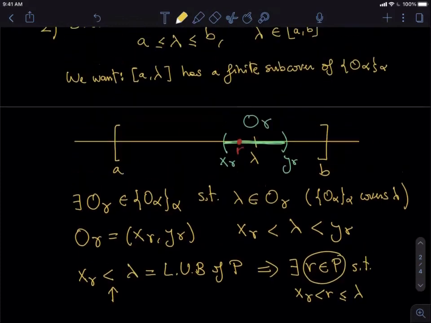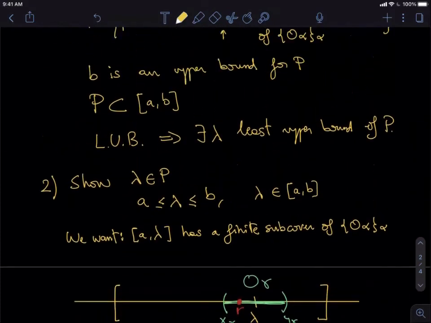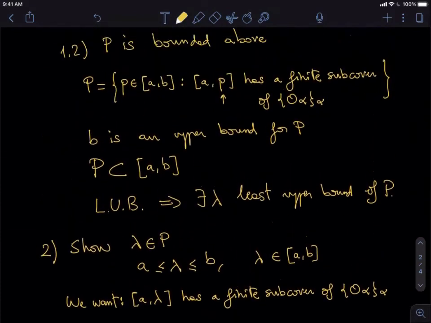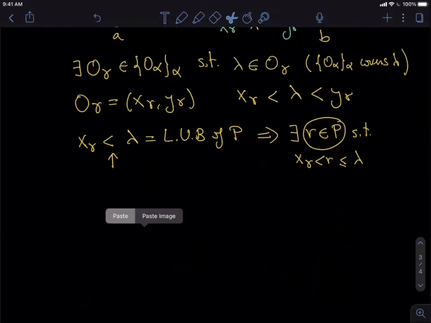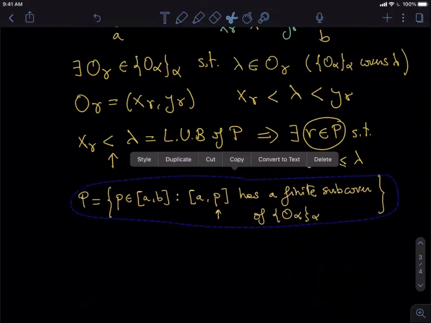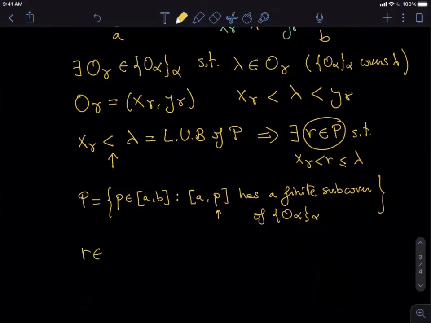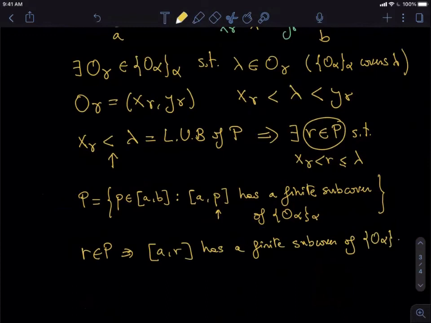Because it belongs to P, looking at the definition here, R belongs to P means that the interval AR has a finite subcover of O alpha.